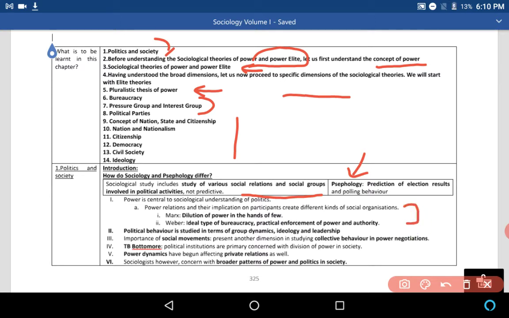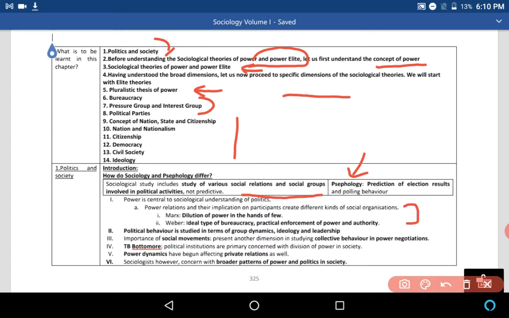Sociology looks at what power is and what the different kinds of power relations are, like superior and inferior, how they evolve in society, and what relations exist between the various groups, individuals and elements.